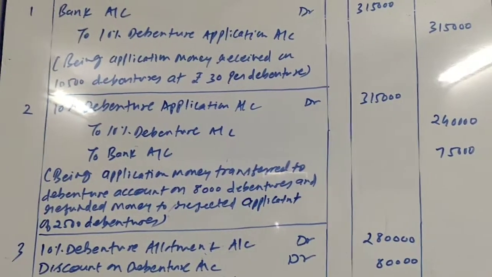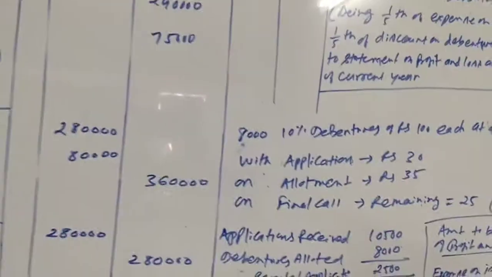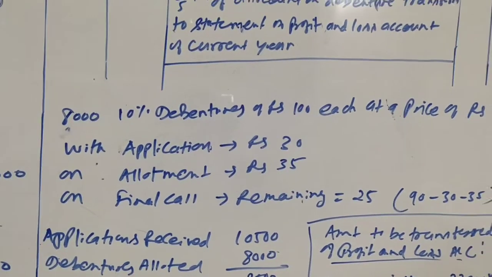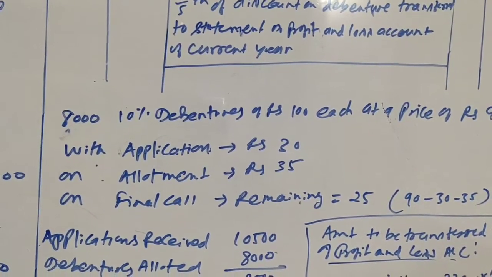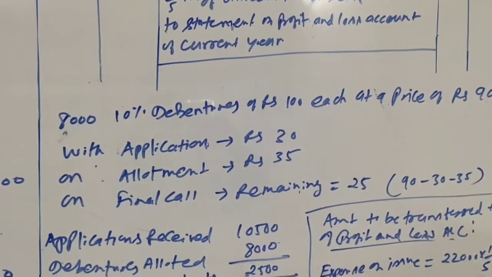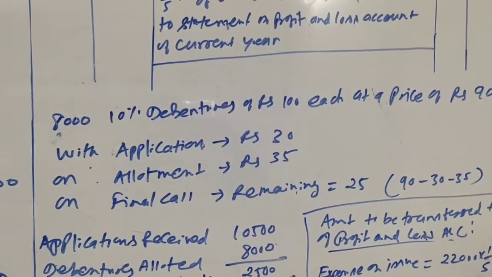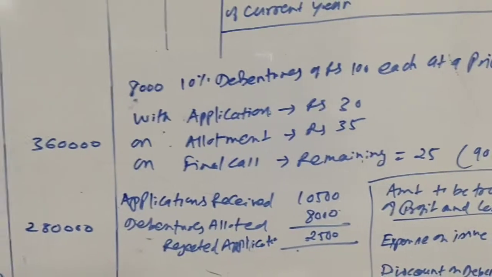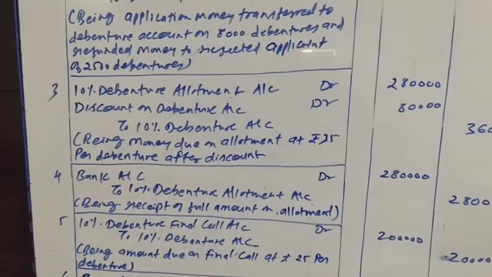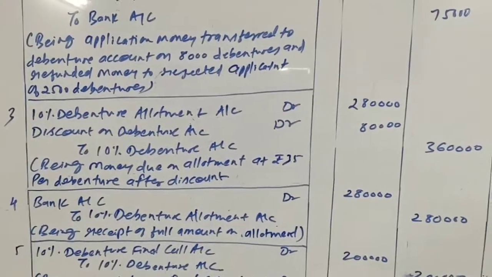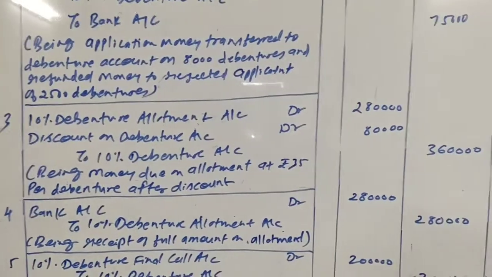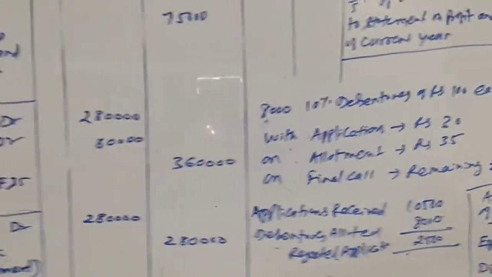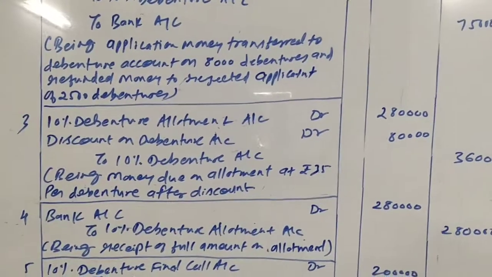Now we will make the call of allotment. The allotment amount to be called up is rupees 35, and the 10 rupee discount we have to give this time. So debentures account will be credited by rupees 45. So here the entry is 10% debenture allotment account debit 2,80,000. How come this 2,80,000? Rupees 35 into 8,000.